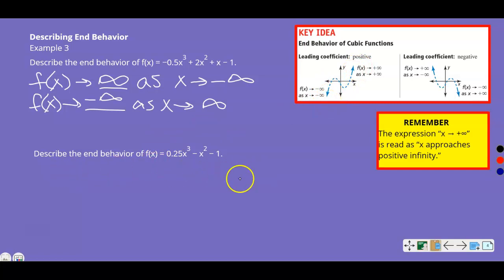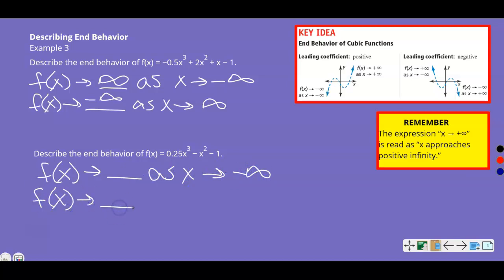All right, so describe the end behavior for 0.25x cubed minus x squared minus 1. So f of x approaches what as x approaches negative infinity to the left? F of x approaches what as x approaches infinity or goes to the right?